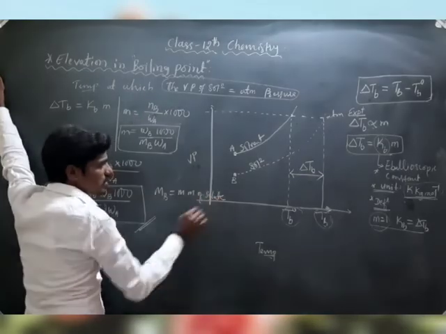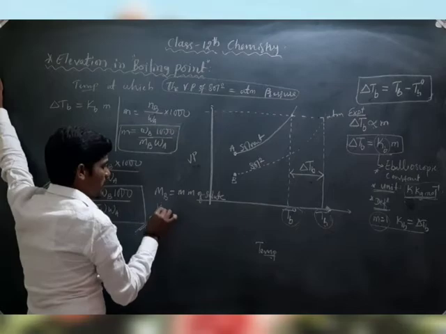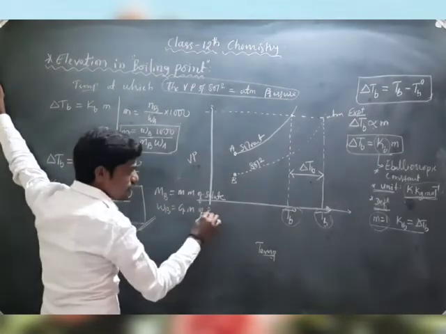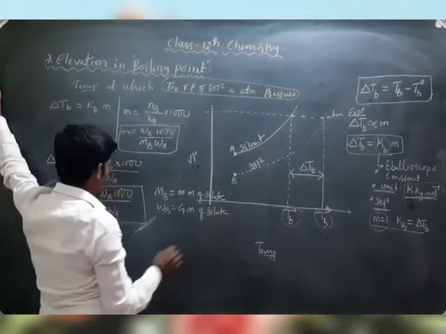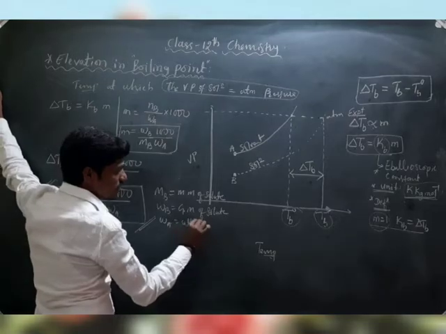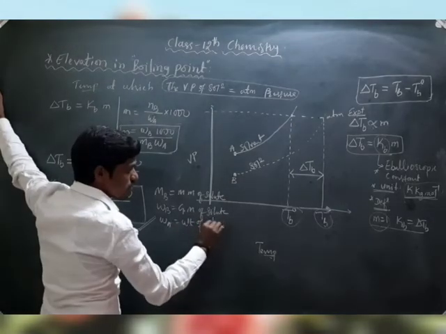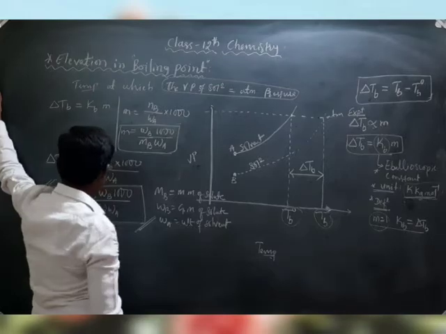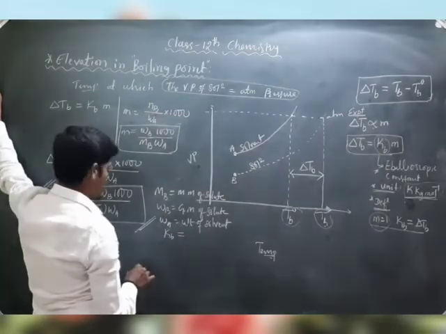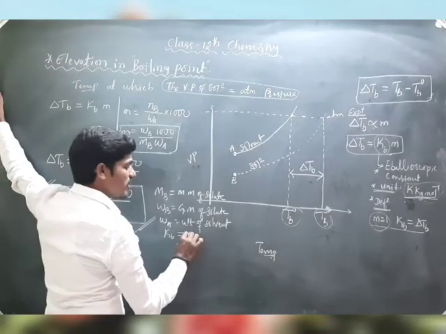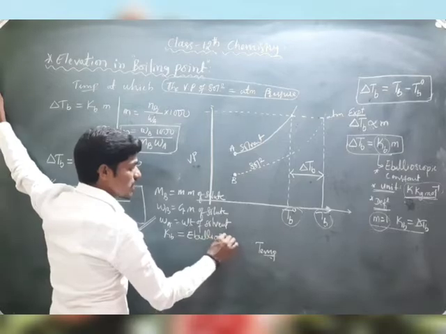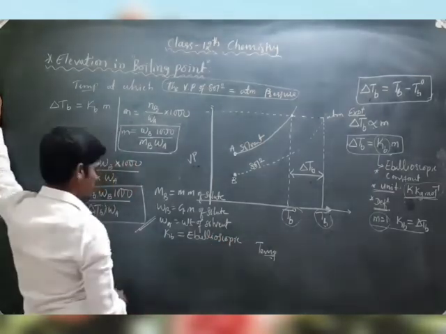WB is the given mass of solute. WA is the weight of solvent. KB is preferably given; it is the molar elevation constant, or simply we can write ebullioscopic constant. Its value will be given.